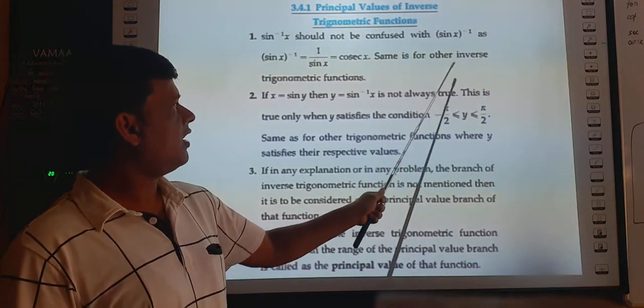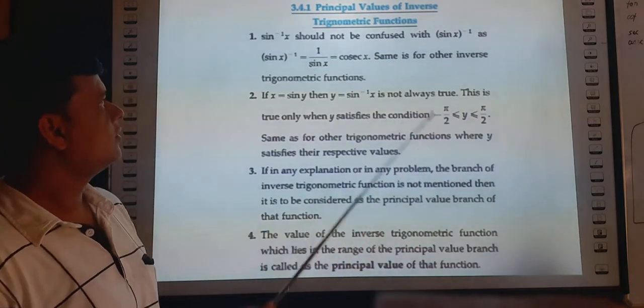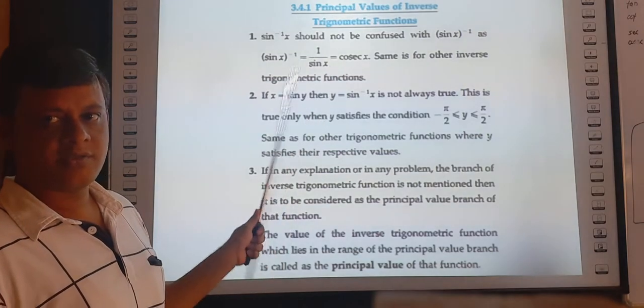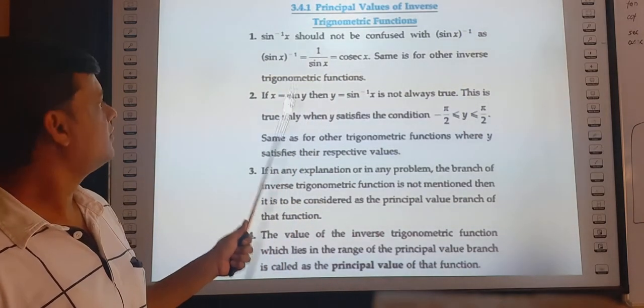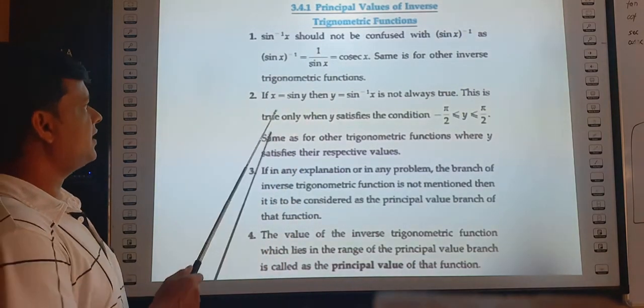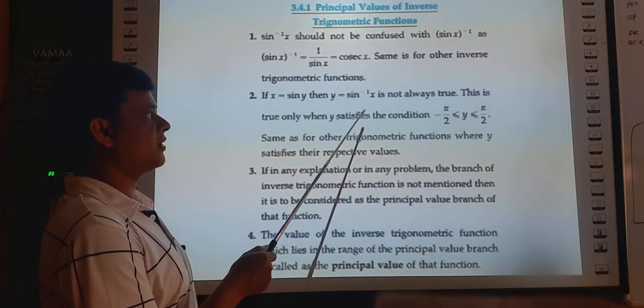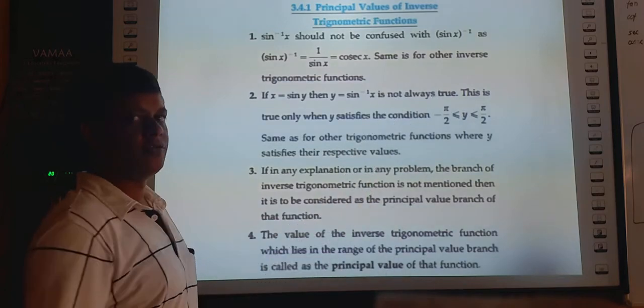The same is true for the other inverse trigonometric functions, so this is for cos inverse x, sec inverse x, tan inverse x. Now second, if x is equal to sin y, then y is equal to sin inverse x is not always true.